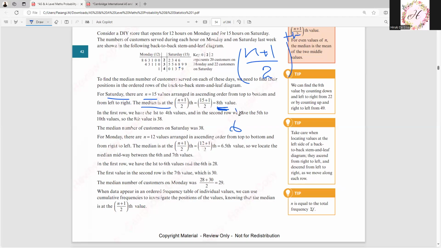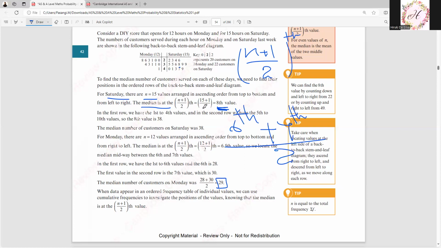We have to take the sixth value and the seventh value together, add them and divide by 2. That means 28 plus 30 divided by 2. Then you will receive the median value as 29.